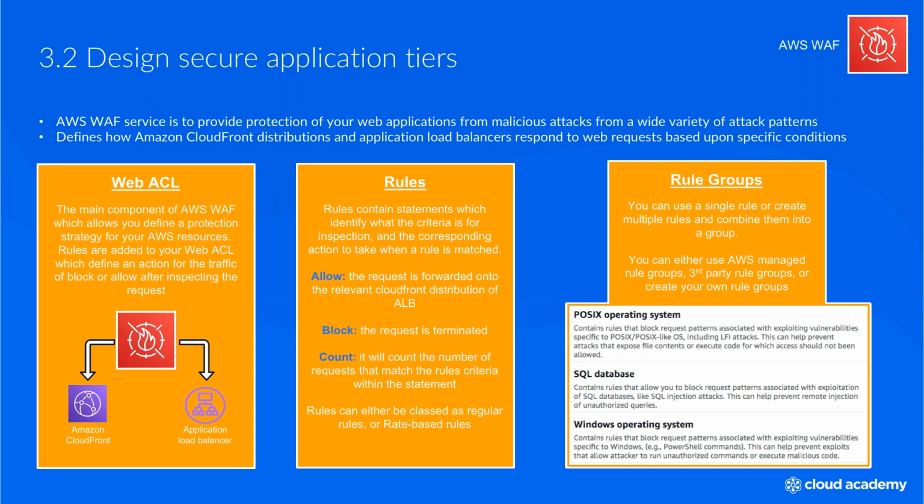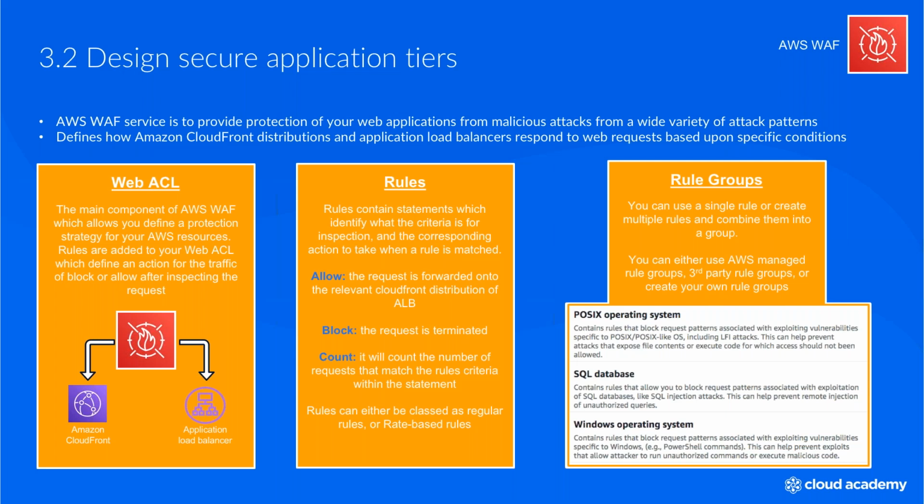And there are 2 types of rules, regular rules and rate-based rules. The only difference between a rate-based rule and a regular rule is that the rate-based rules count the number of requests that are being received from a particular IP address over a time period of 5 minutes. And then when that count limit is reached for a rate-based rule, and you can customize that, all other requests from that same IP address are blocked.